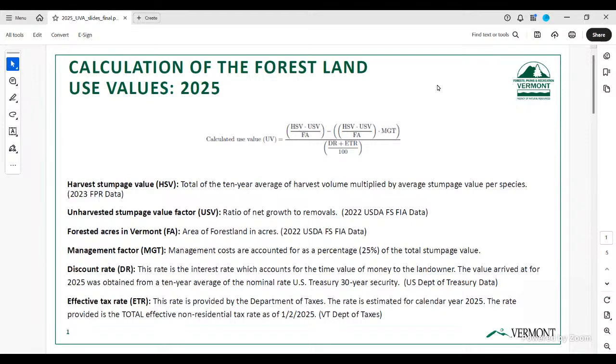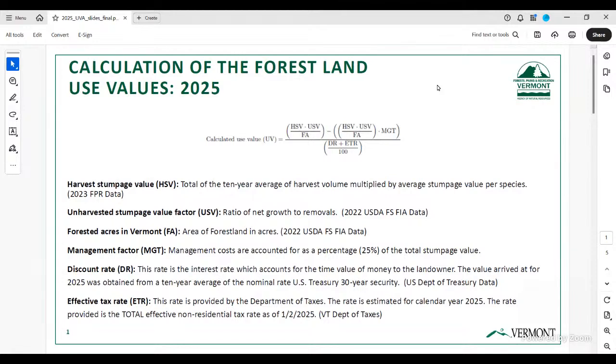The unharvested stumpage value factor, this is actually just the growth to removals ratio, which I've talked about before in this committee. So that just indicates to us the growth per unit of removals on the landscape. So the growth of trees per the amount that we're removing. And that data is from the U.S. Forest Service.